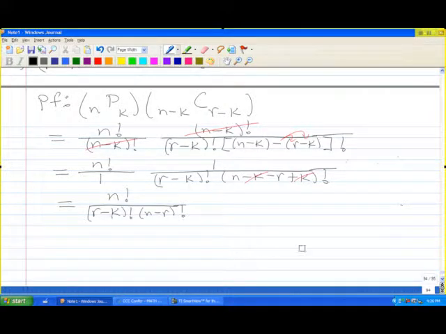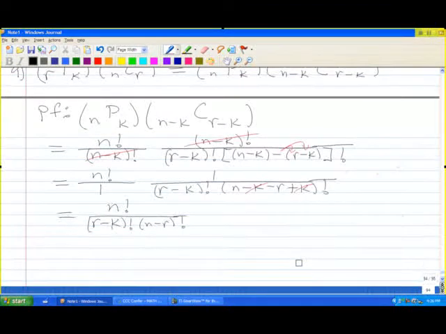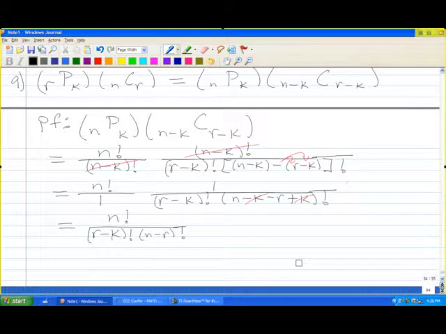So I got this. So I want to write it as r. So that term is correct. Okay, so I want to write this as r factorial over r. So let's multiply and divide by r factorial.